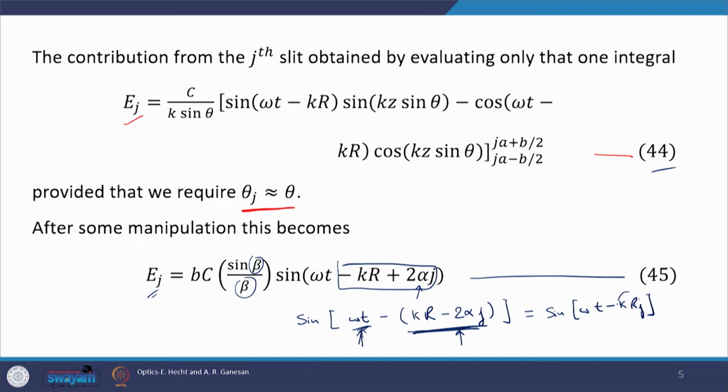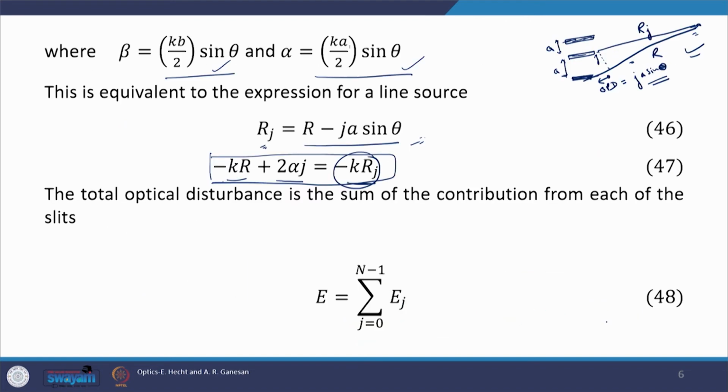Now, this is the phase which the light accumulates in reaching point P. The light starts from the center of the jth slit and then it reaches point P, and during this propagation the light accumulates a phase which is now equivalent to k dot rj, which is now very much obvious, because minus K R plus 2 alpha j is equal to minus K Rj, which is given by equation number 47.